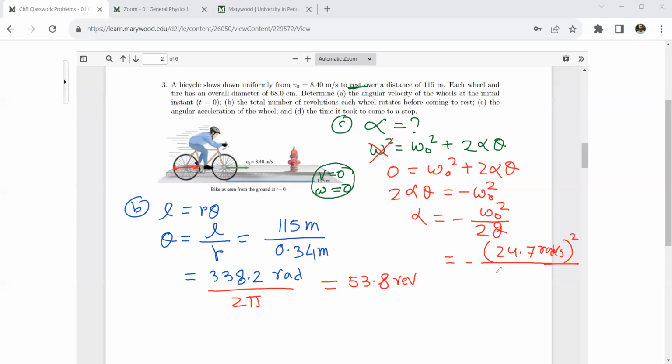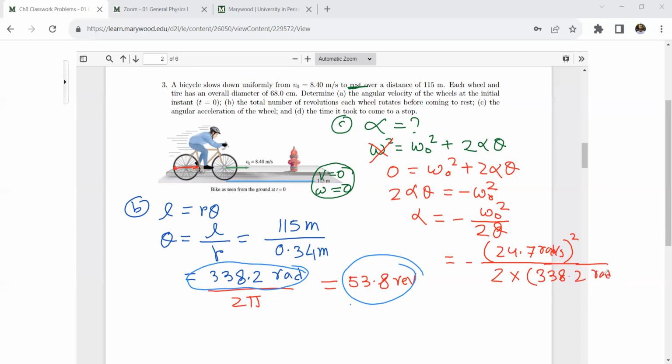And then theta is, make sure you don't use this number for theta. This is not theta, this is the number of revolutions. The theta is this number. Make sure you understand this. Theta should be in radians, not in rev. What you have to substitute is this value, 338.2 rad.